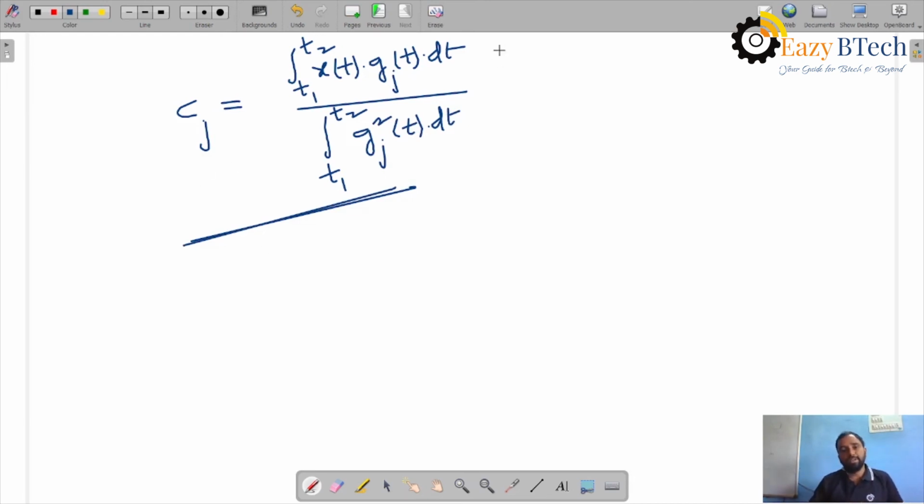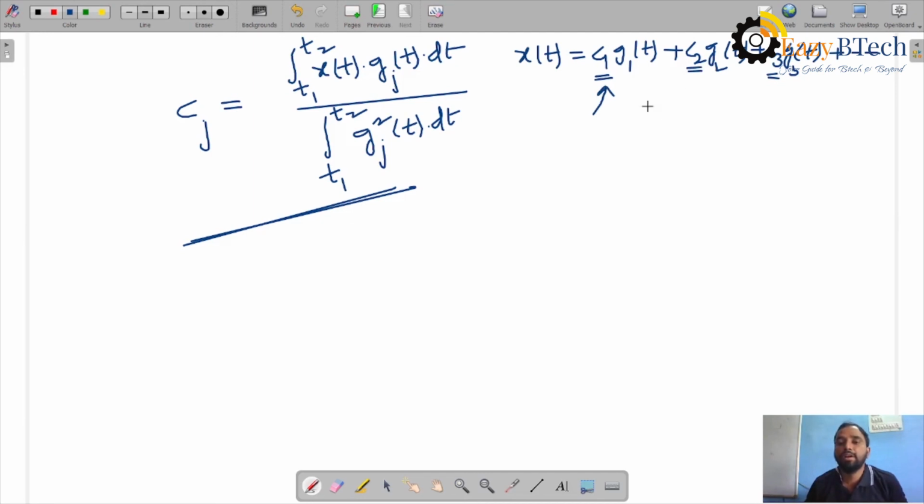So we have written the approximation of x of t using n mutually orthogonal functions. How did we write it? c1 into g1, c2 into g2, c3 into g3, right, and so on. So these are the constants or coefficients c1, c2, c3. Suppose you want to find c1, c2, c3 using the formula Cj.